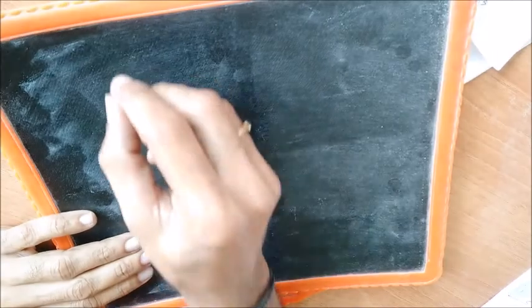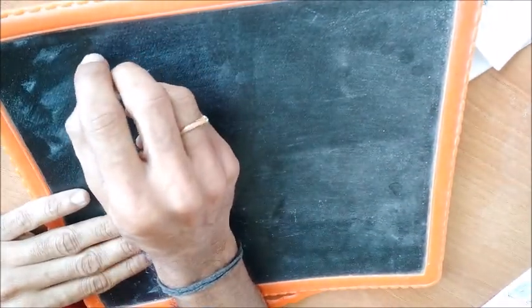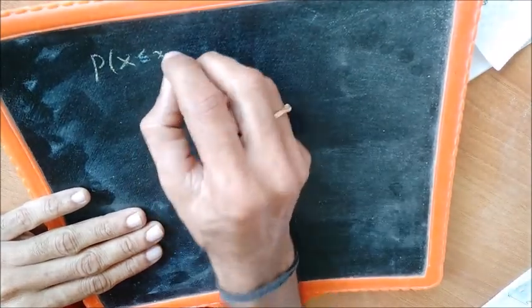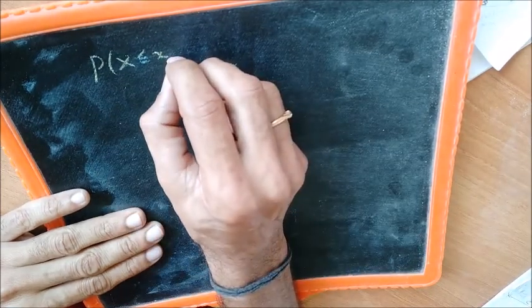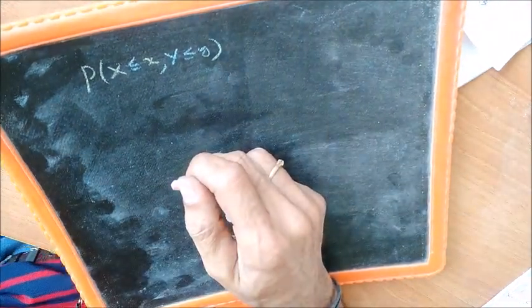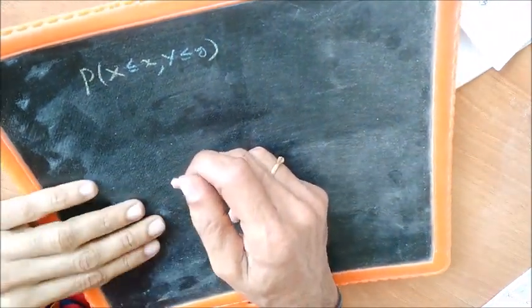Now the idea of the probability distribution function and the density function can be extended to higher dimensions, and I just list down here the case when we have two random variables, joint random variables, so to say. So probability of x being less than or equal to small x, where capital X is a random variable, and y being less than or equal to small y, where capital Y is another random variable.